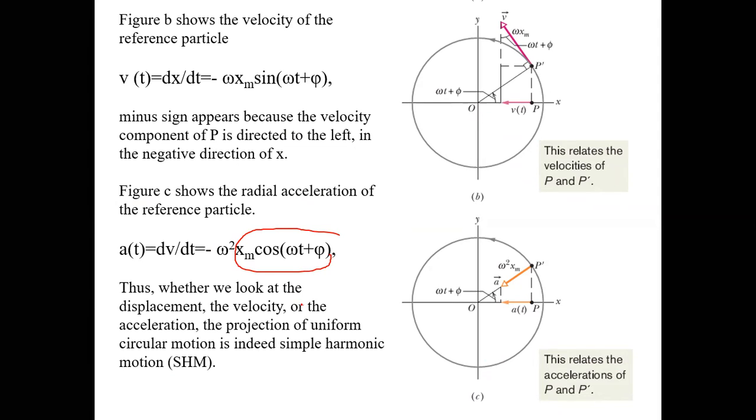Thus whether we look at the displacement, velocity or acceleration, the projection of the uniform circular motion is indeed simple harmonic motion. So uniform circular motion is indeed a simple harmonic motion.